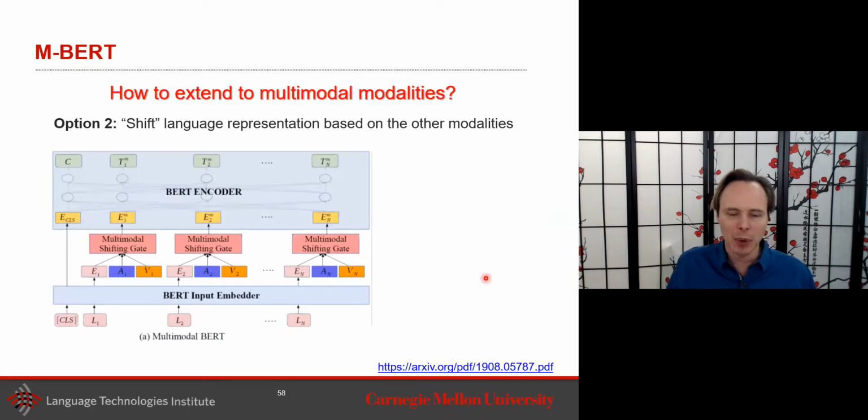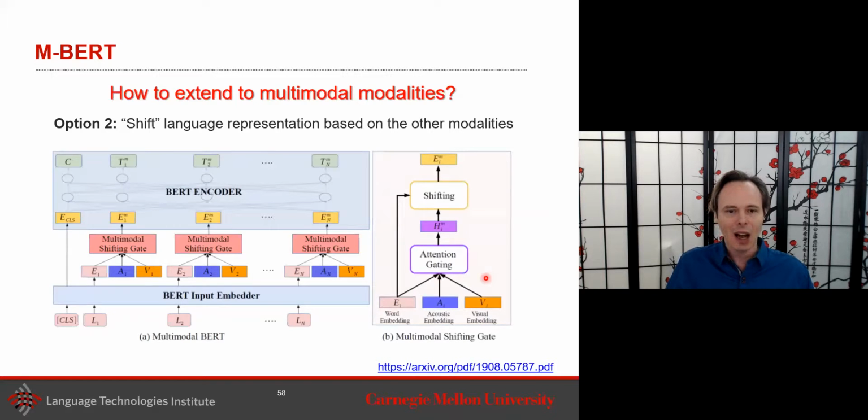Another way builds a little on the intuition I talked about in fusion: sometimes one modality is more relevant to the task than the others. Language may be more relevant, so you could embed your words in such a way that the word is the most important, contextualizing the acoustic and visual, and after that do the multimodal self-attention like a BERT.